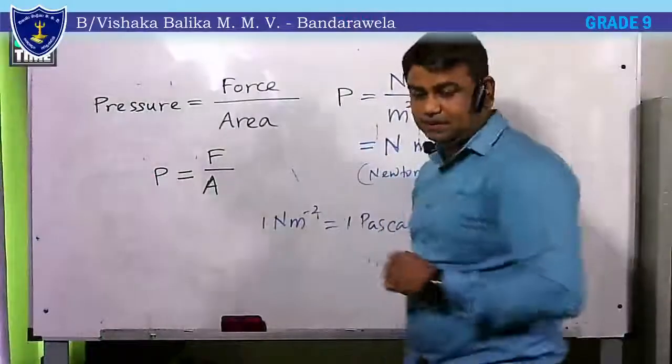There is another side here, you can calculate that also, 10 centimeters by 4 is 40 square centimeters. Those calculations will be important when doing the problems regarding solid pressure or the applications of solid pressure.